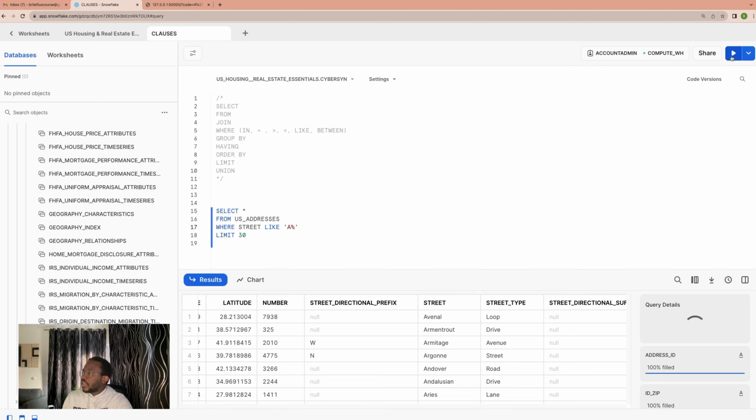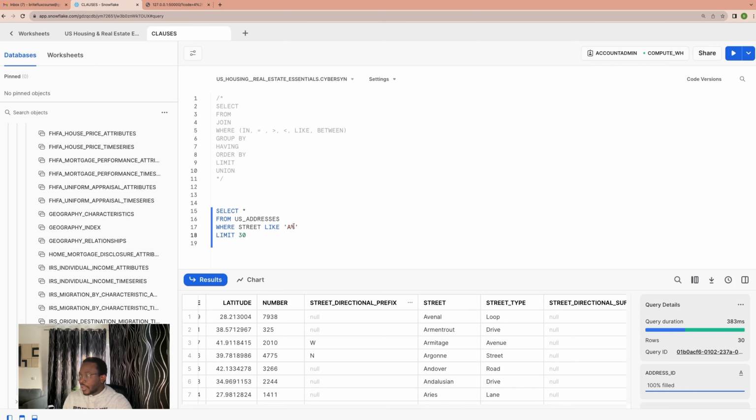When you run this, you get all the columns from the US address table where the street starts with A. The A represents the first letter, and the percent represents the rest of the letters.